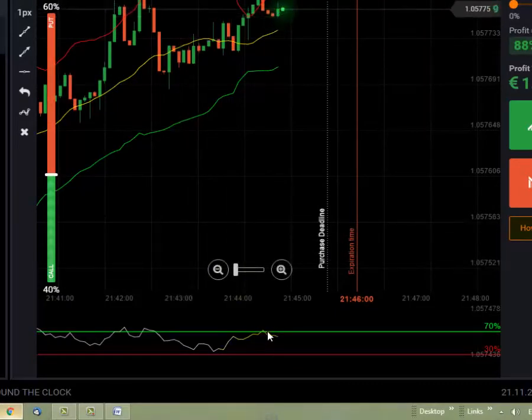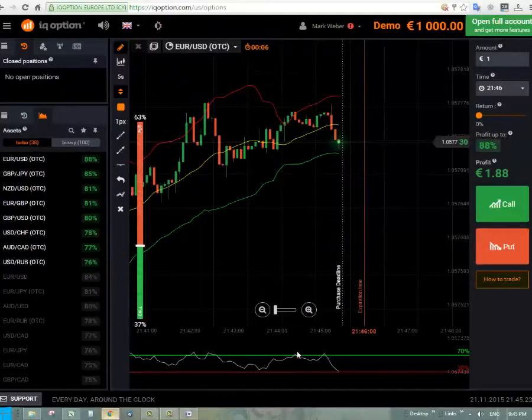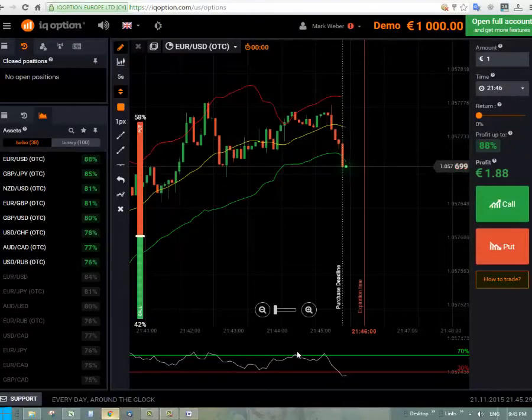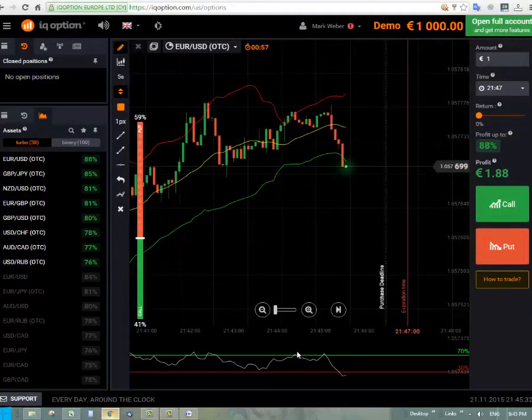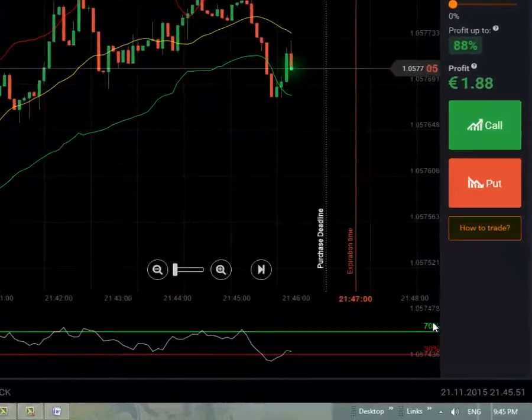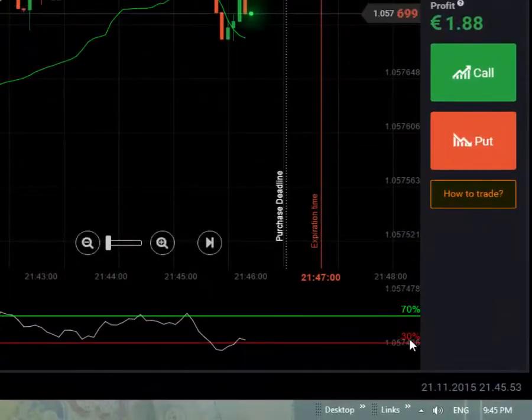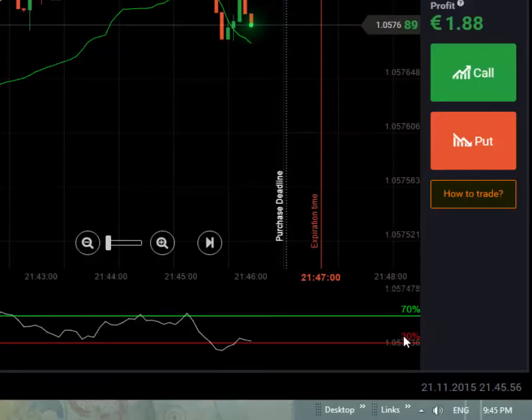What we see here, first of all, what is the RSI? What is relative strength index or indicator? It is a technical momentum indicator that compares the magnitude of recent gains to recent losses in an attempt to determine overbought and oversold conditions of an asset. So, as you can see, on the RSI there are two lines. The first line is 70% and the bottom line is 30%.